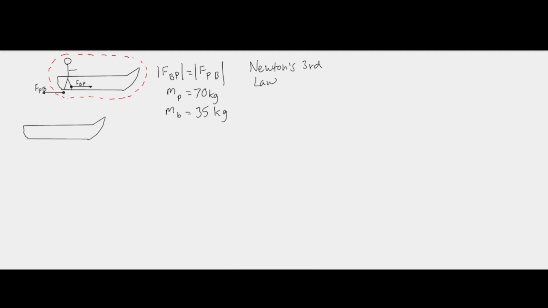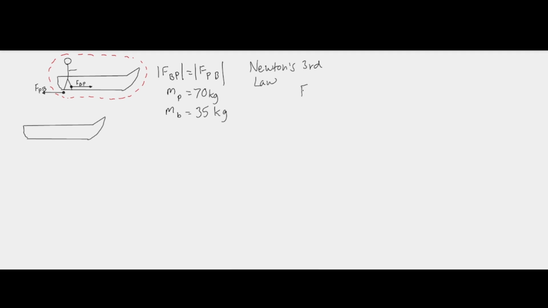Now, if the forces that are acting on the person are the same as the force that is acting on the boat, but the masses are different, well, what happens then?